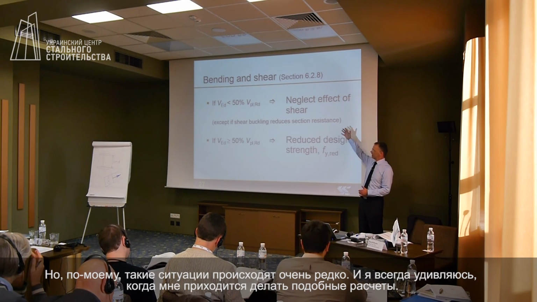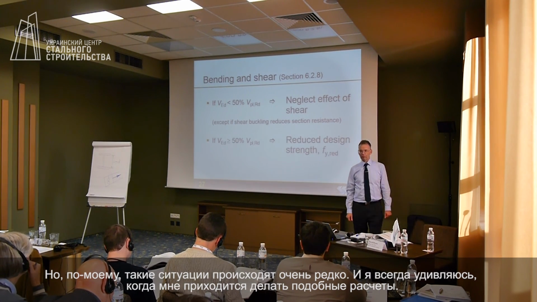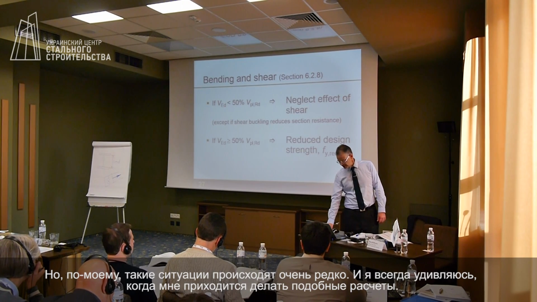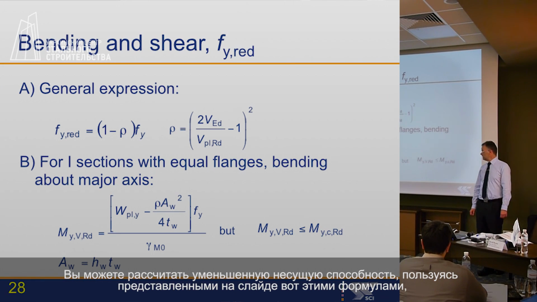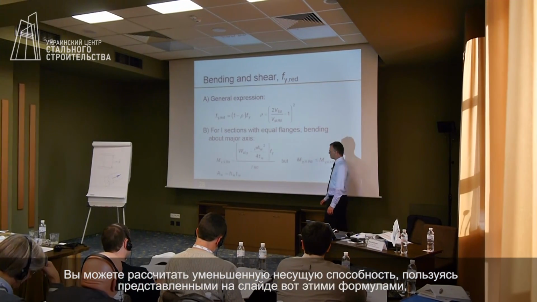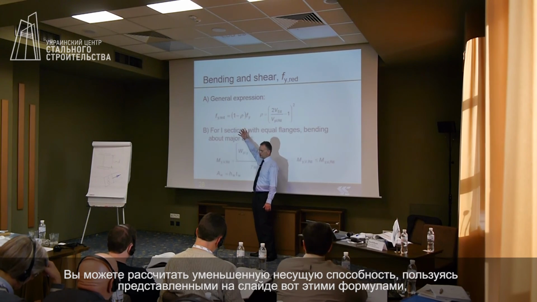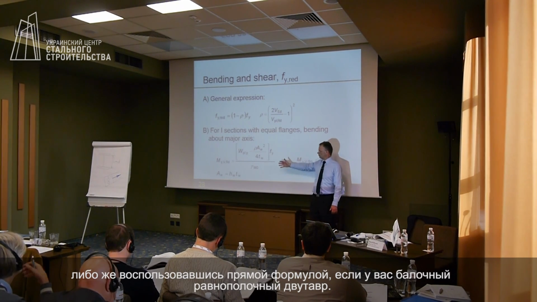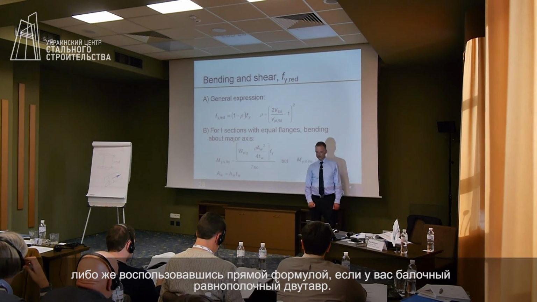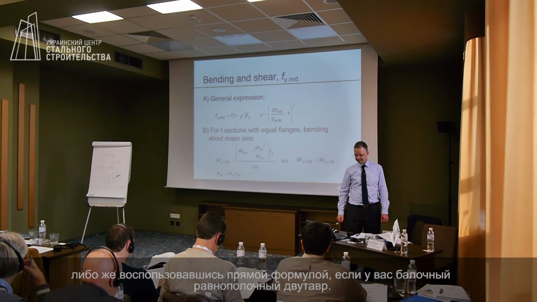But in my view, high shear is relatively uncommon. I'm always surprised when I come across high shear. You can either calculate a reduced design strength, so here it is, a set of formulas, or you can calculate a reduced resistance directly.